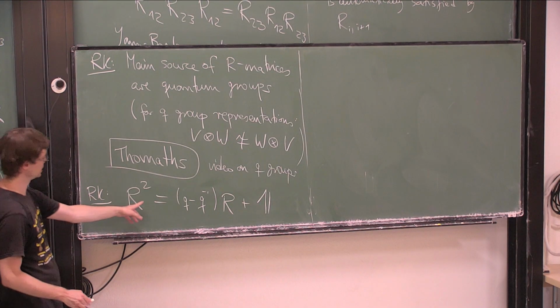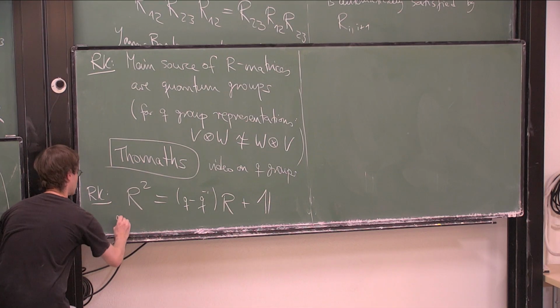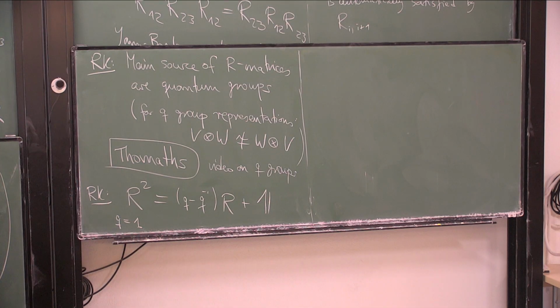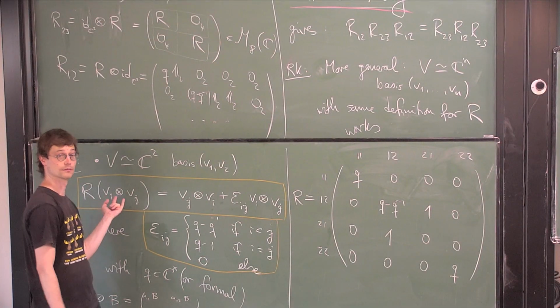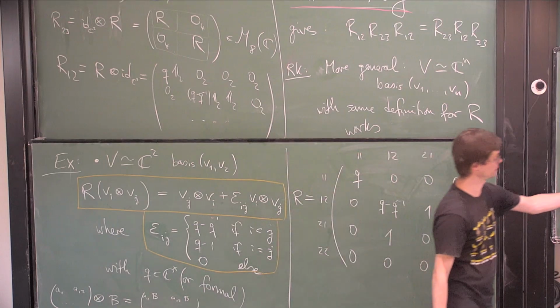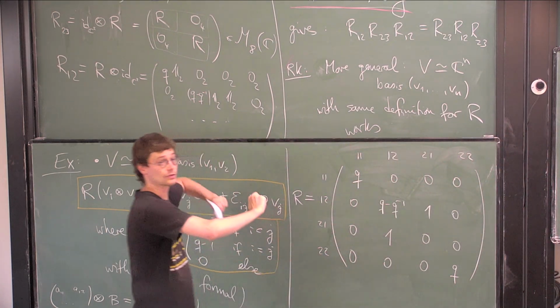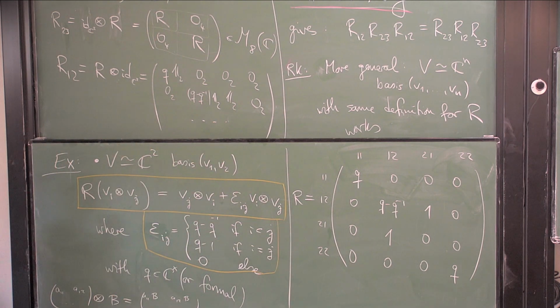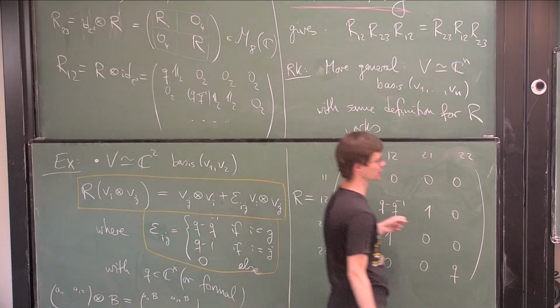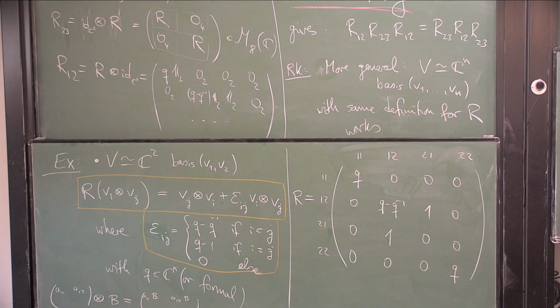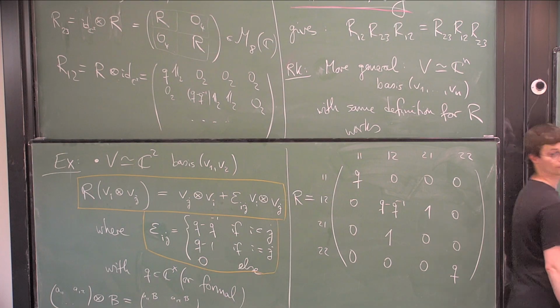When I put Q equals 1, all these extra terms are 0, so it's really just the swap. And the swap squared is of course the identity. So literally what we have done here is take the swap and deform it by adding one extra parameter. And the relation that R squared equals identity gets itself deformed.